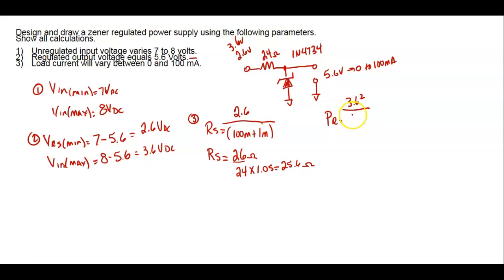We chose 24 ohms. So we'd choose at least a 1 watt resistor. Are we okay so far?